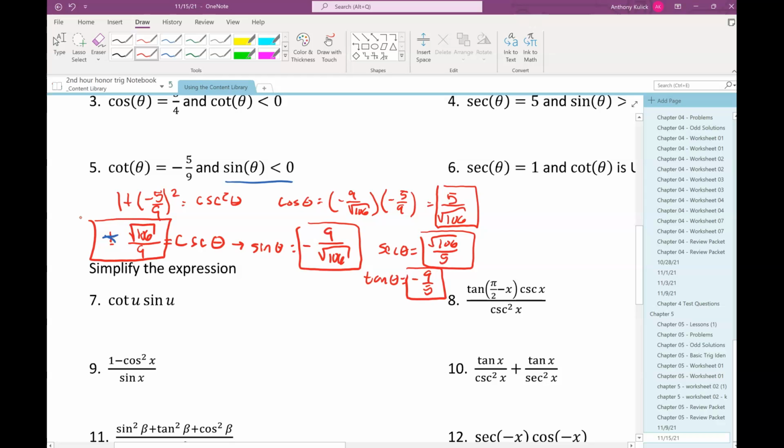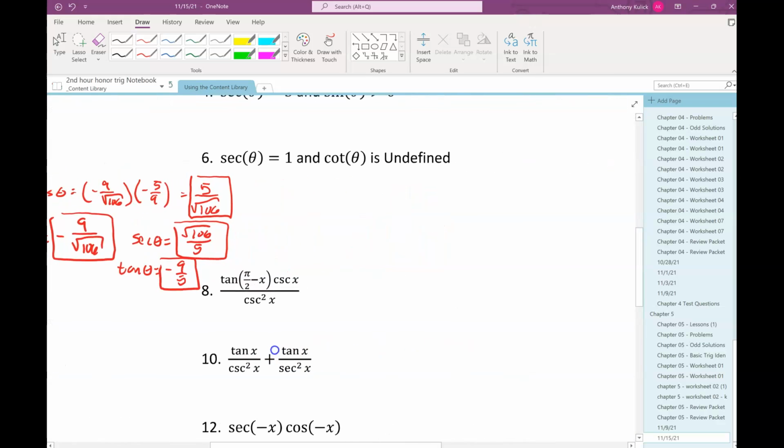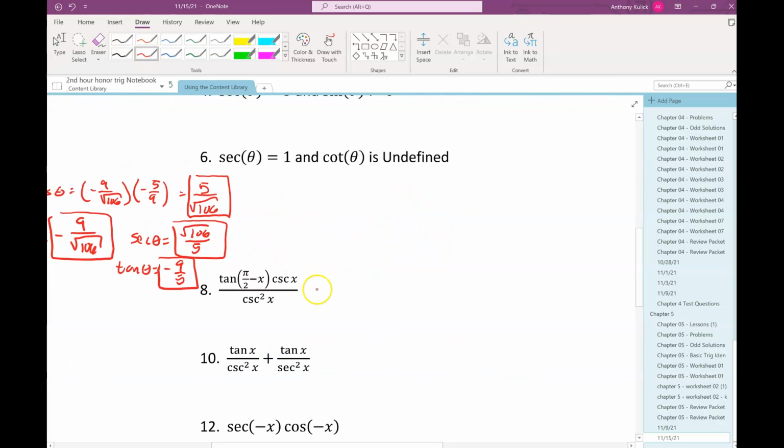Taylor, can you do number 8? Sure. So I notice algebraically right away, I can reduce the fraction.